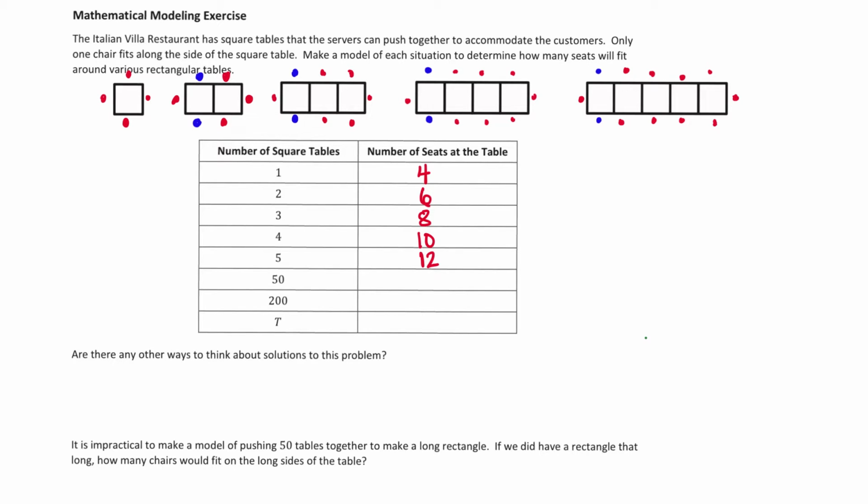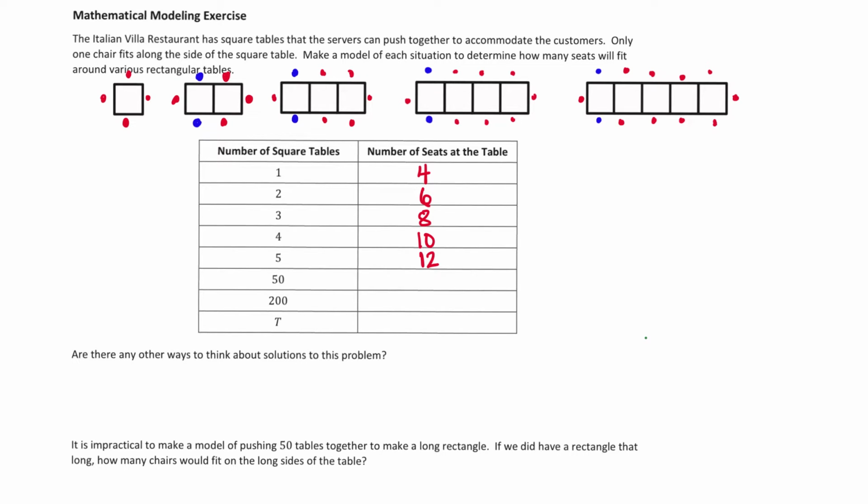We can look at the pattern that every time we added a square table, the end seats were always the same. The only part that added 2 seats to accommodate customers was right here in the length, every time you added a square table. And I did it with the blue color so you can see the 2 seats that were added every single time.